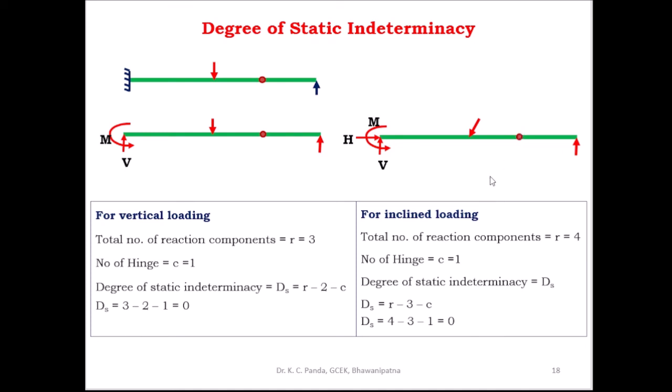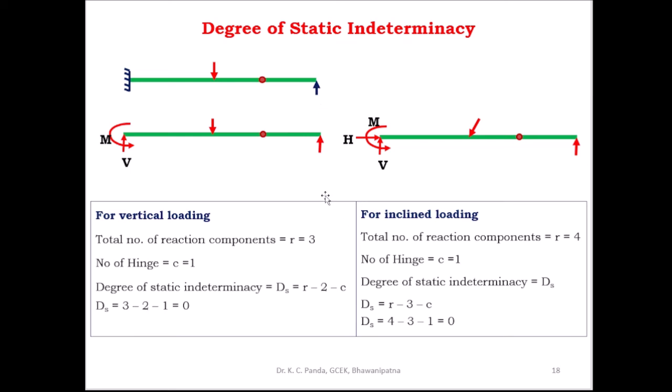So c is equal to 1, and the degree of static indeterminacy can be found out. ds is equal to r minus 3 minus c. So here r is equal to 4 and c is equal to 1. So 4 minus 3 minus 1 is equal to 0. So the degree of static indeterminacy of this type of beam is equal to 0. So this is a determinate structure.